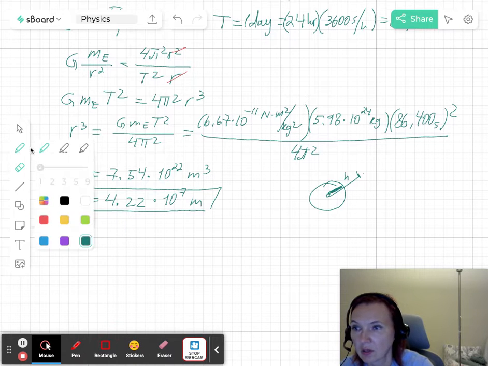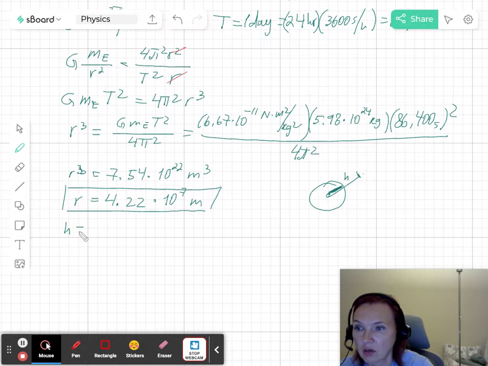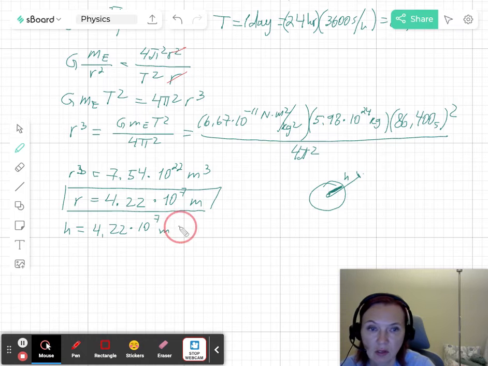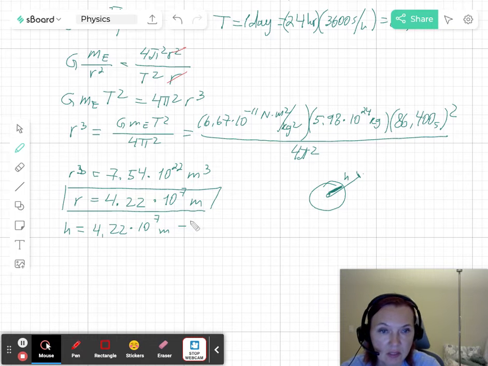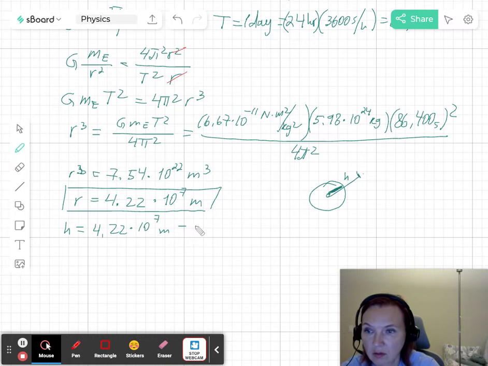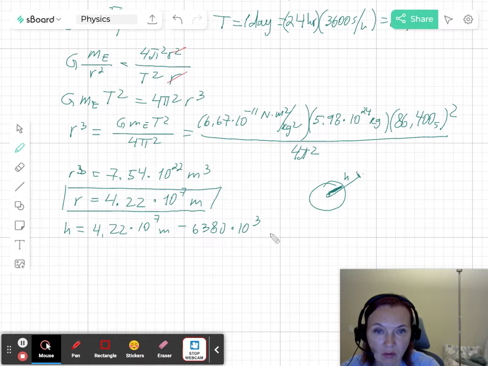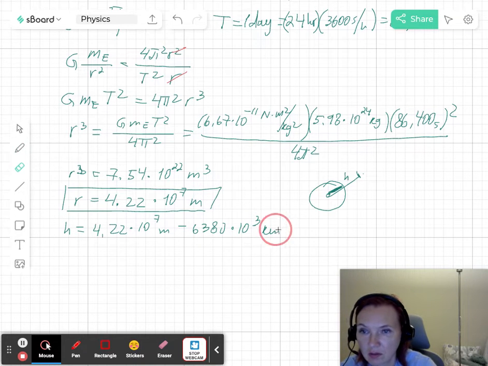Actually, let me erase. So that's going to be h equals 4.22 times 10 to the power 7 meters minus 6,380 kilometers times 10 to the third meters.